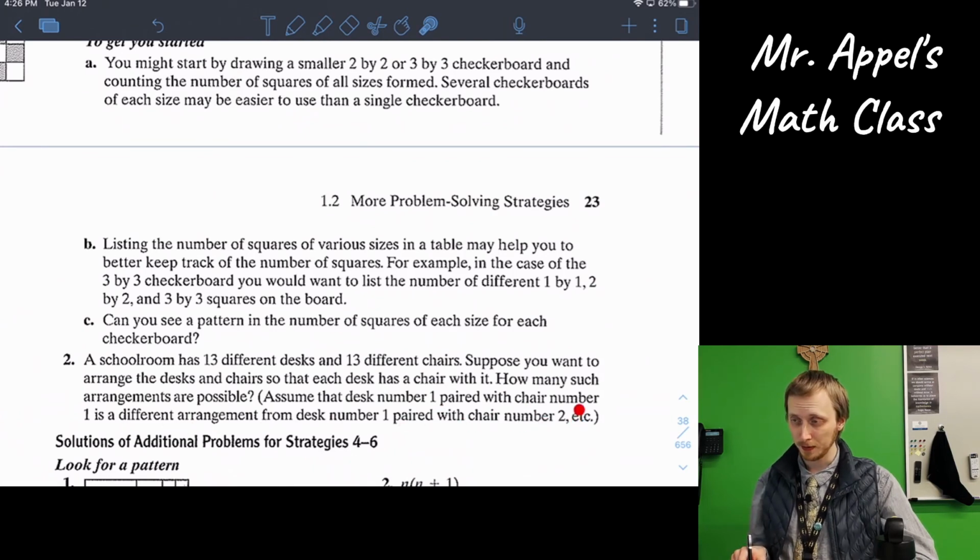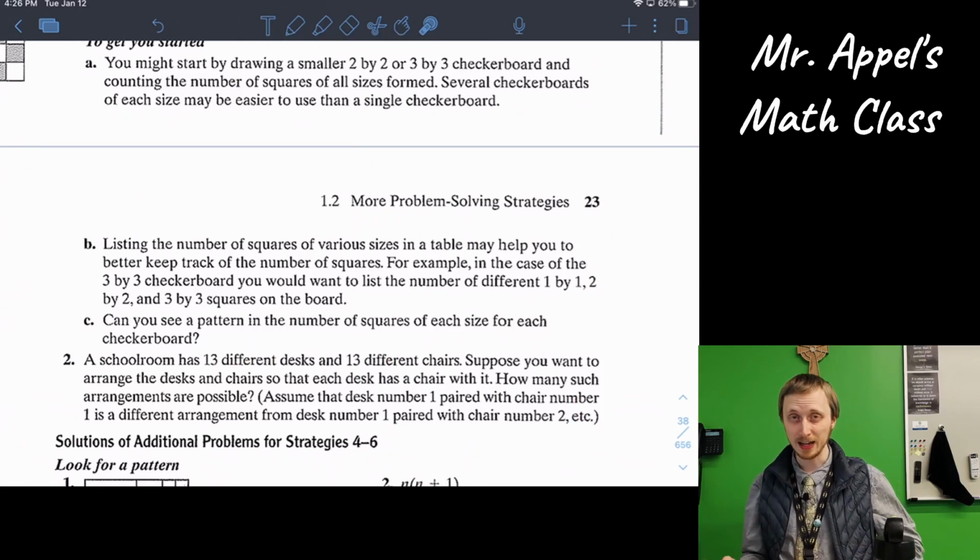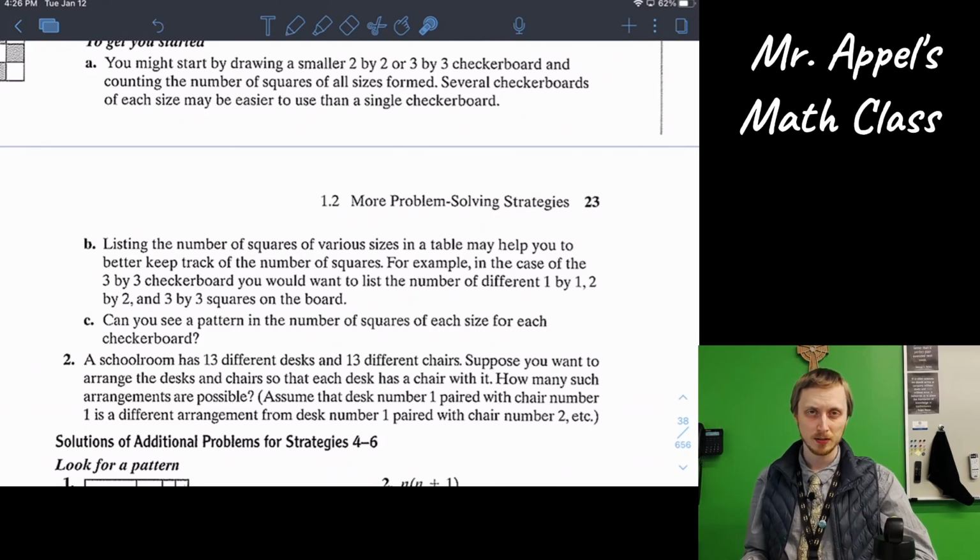All right? So they said unique desks and chairs. How many different arrangements can you pair them up with? Permutation combination going on. Go ahead and pause the video there. Give those two problems a try.